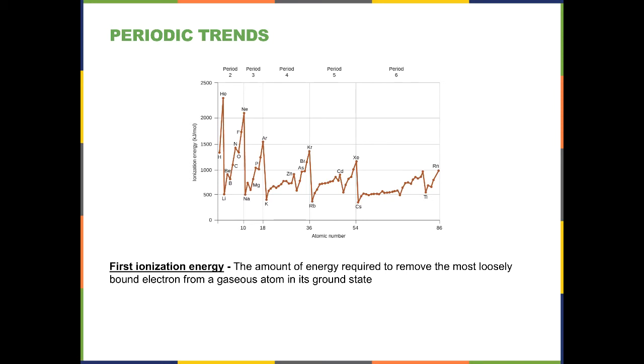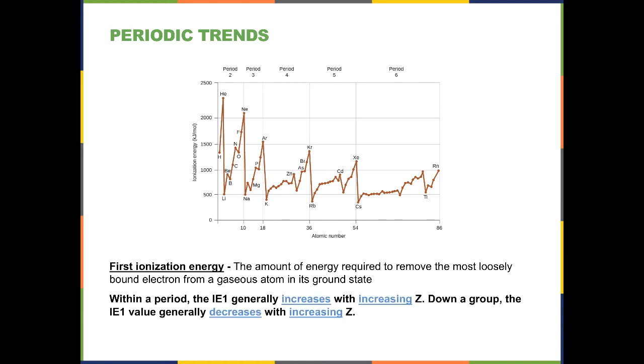Now, what about the period? Well, if you look at our example, which was potassium to krypton, that was the last one. As you go from left to right in any particular horizontal row or period, the energy goes up. In general, you'll see there's one outlier after zinc, but in general, to remove one electron as you go across from left to right takes more energy.